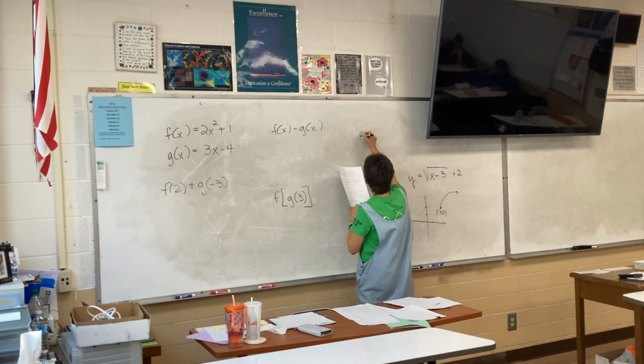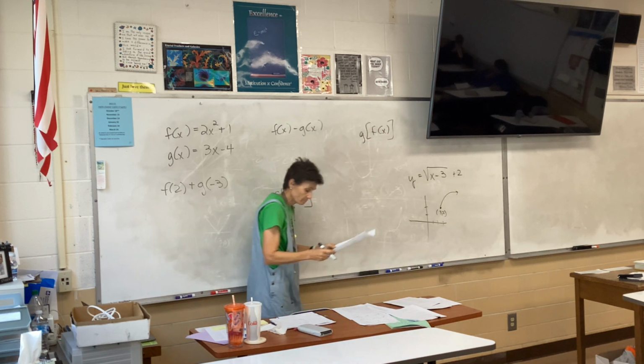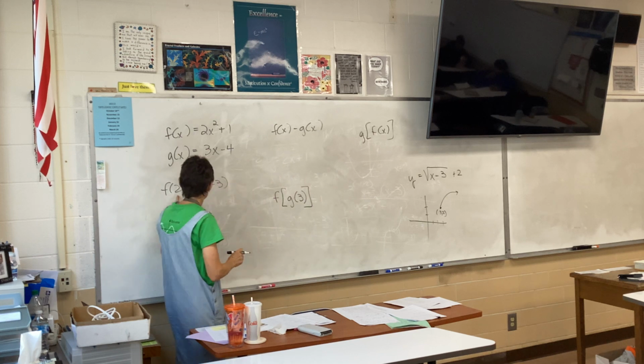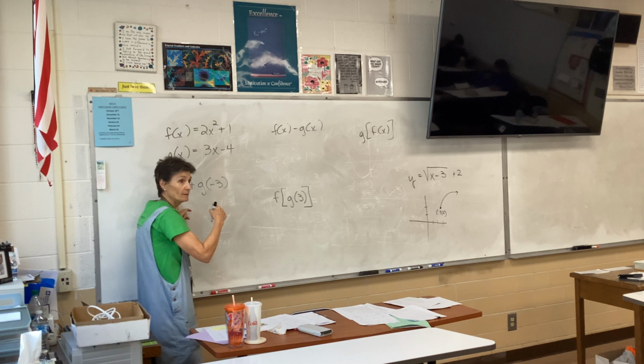How do you think we're going to do that first one? How do we do f of 2? Plug 2 in for x in f, right?